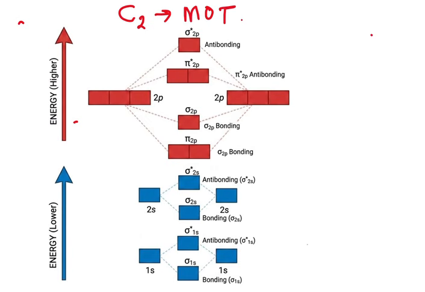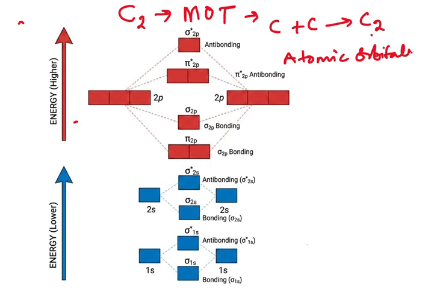Only molecular orbital theory can explain the formation of the C2 molecule from two carbon atoms. To form the C2 molecule, when two carbon atoms combine, their respective atomic orbitals, that means their wave functions, overlap to form molecular orbitals.